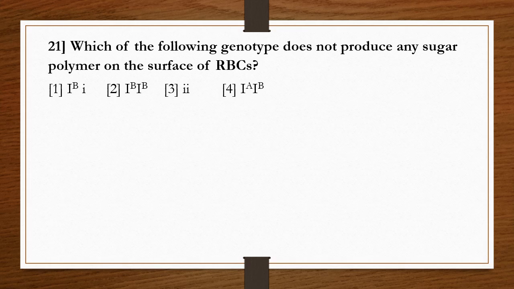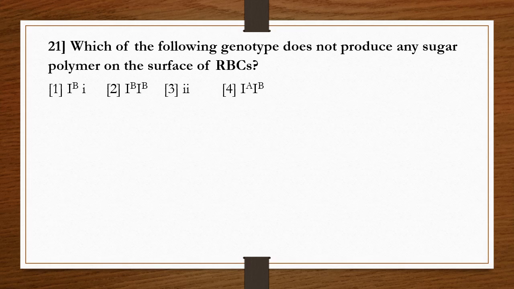Question number 21. Which of the following genotypes does not produce any sugar polymer on the surface of RBCs? Options: IB, small i. Second option, IB, IB. Third option, small i, small i. Fourth option, IA, IB.